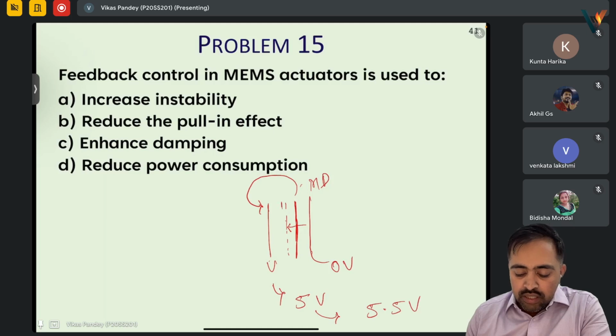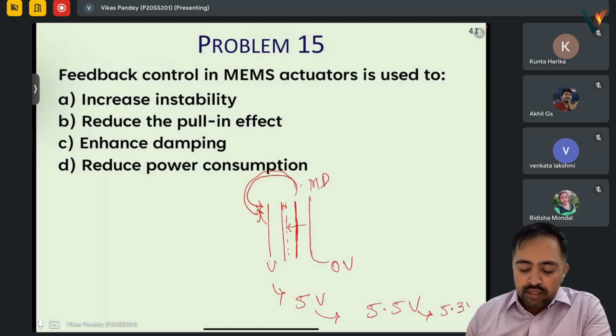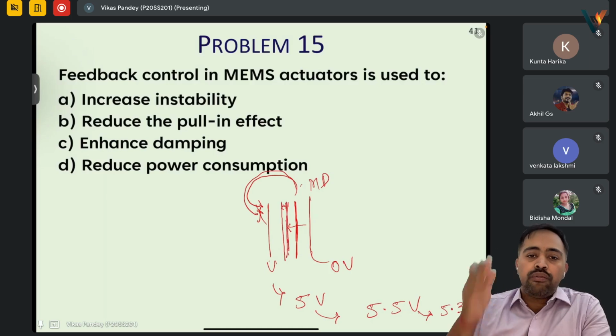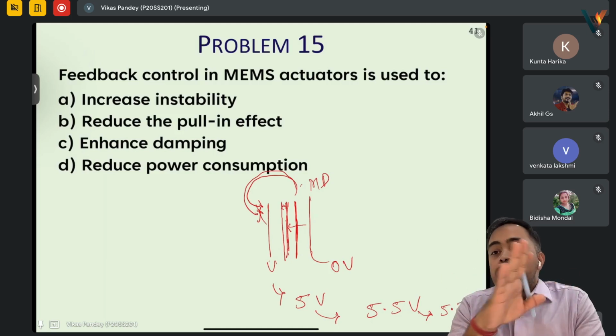So it will increase to say 5.5 volt, and now again instead of going to the linear position, next time it reaches till here. Again this feedback mechanism will trigger that it is too much, and it will try to decrease it, and then say it gave 5.3 volt, and then it can correct. Now the feedback mechanism will give zero output, that is, it is correct.